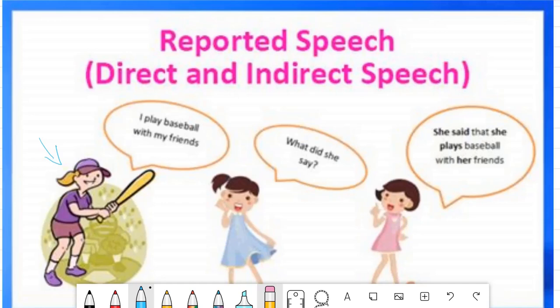And then the middle girl in a blue dress asked, "What did she say?" And then the pink girl repeated what the purple girl said just now by making a statement. She said that she plays baseball with her friends. Notice how these two speeches are the same, but in a different structure.